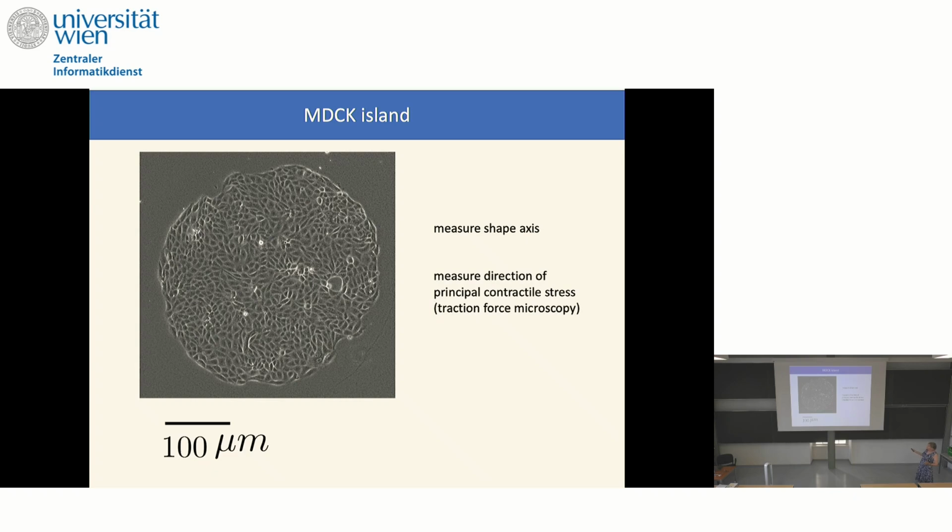They measured the shape axis of each cell, i.e. the long axis, what you normally do for a nematic. And then they measured the direction of principal contractile stress, i.e. the direction the cell is pulling inwards most strongly. So we're assuming, it's an assumption, that this is a nematic-like force and that the cell is pulling inwards in one direction and pulling outwards in the other. And the axis is the axis along which it's pulling inwards.